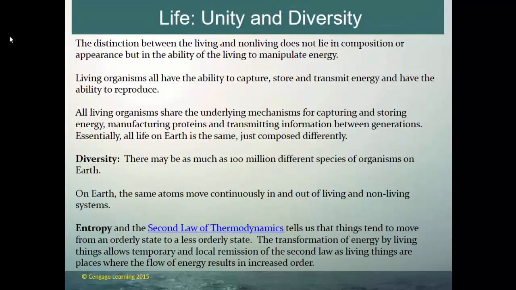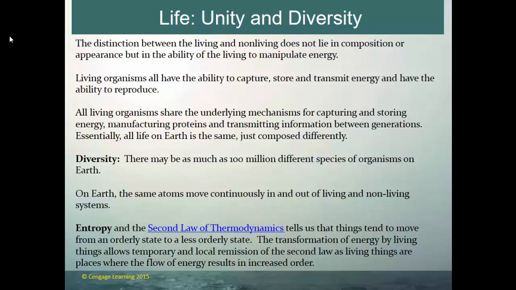All right, life. Unity and diversity. The distinction between the living and non-living does not lie in composition or appearance, but in the ability of the living to manipulate energy. So non-living inanimate objects cannot manipulate energy, and living objects can. And also, both living and non-living objects are largely made up of the same types of materials, just in different organizations.